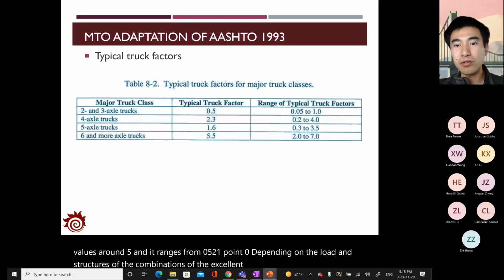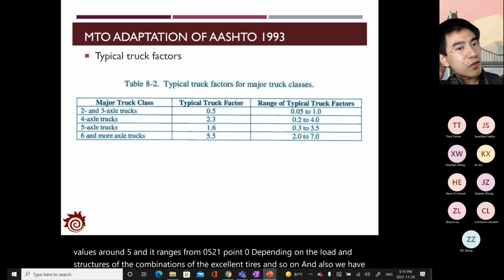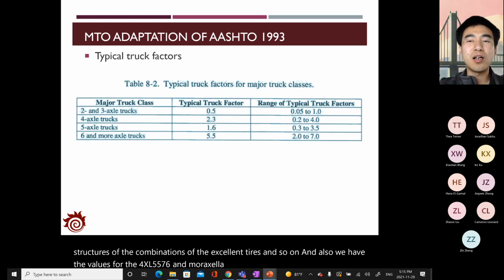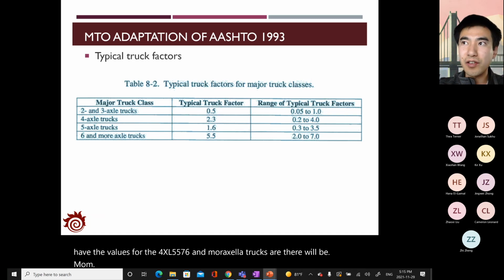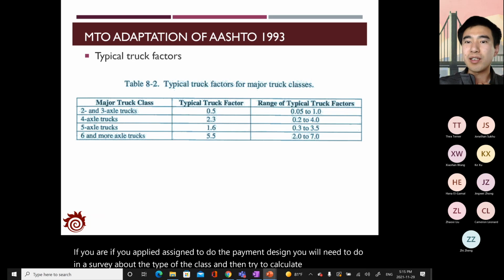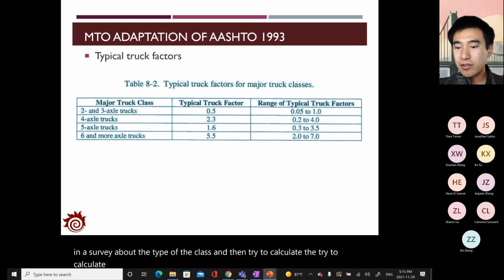And we also have the values for the 4-axle, 5-axle, and 6-or-more-axle trucks. If you are assigned to do the pavement design, you will need to do a survey about the type of class and then calculate the truck factor and estimate the ESAL.